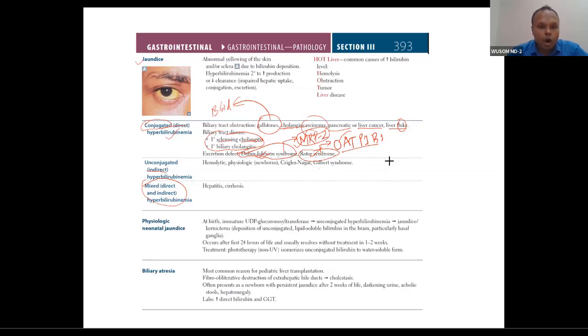Now for unconjugated bilirubin, hemolysis is the number one cause.